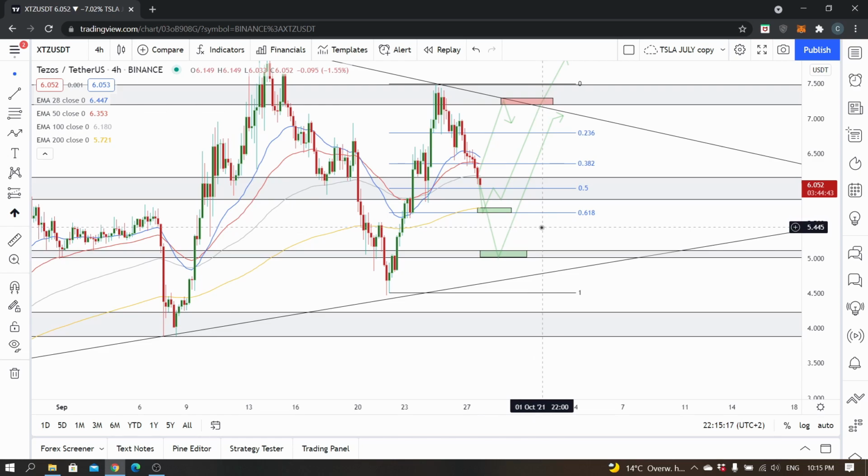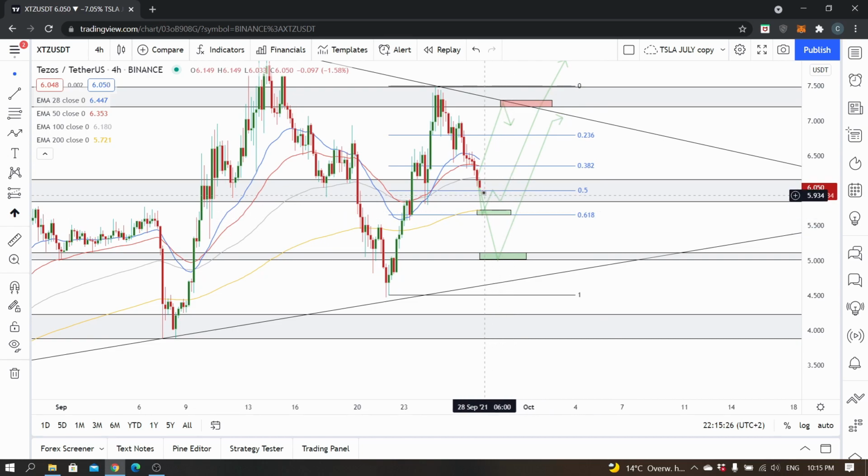So you should always consider all of these scenarios and think which one is most likely to you. To me, most likely is that it bounces off of this 200 EMA and the 0.618. I definitely know that it's going to react to this area.